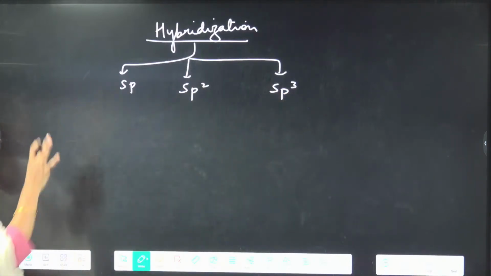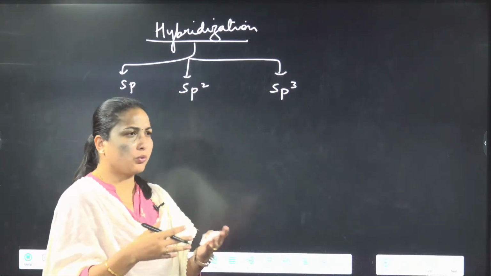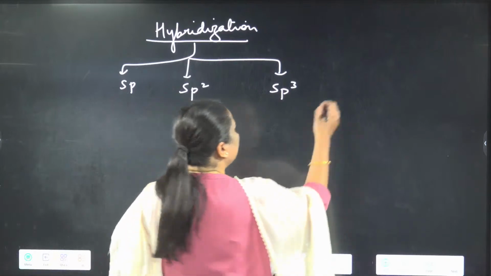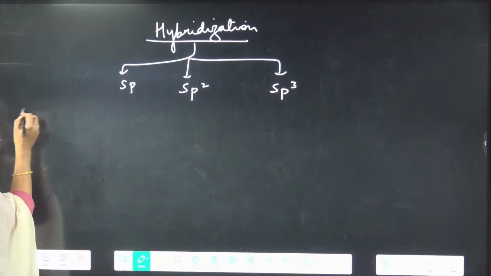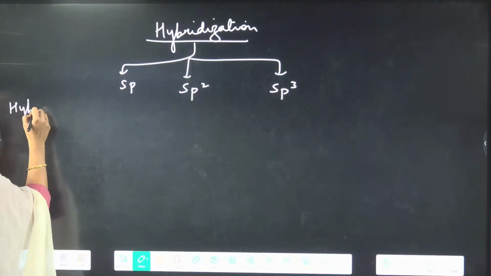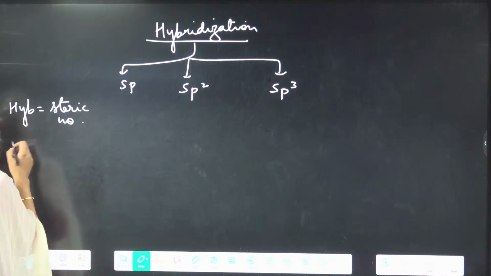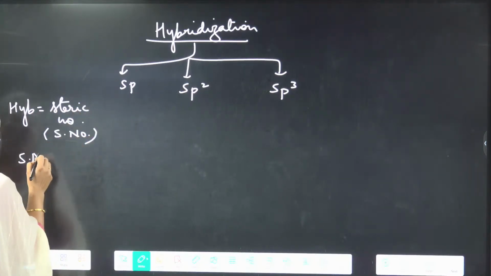Now, hybridization we'll be calculating using what? The steric number method here, because we know how to draw the structures now for organic molecules, right? So hybridization is given by the steric number. What is that steric number?